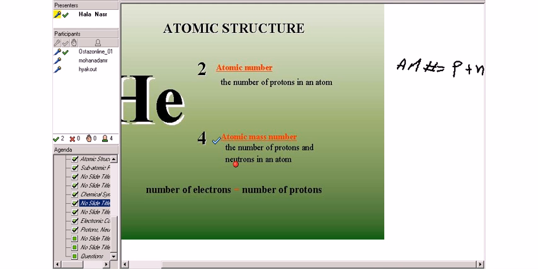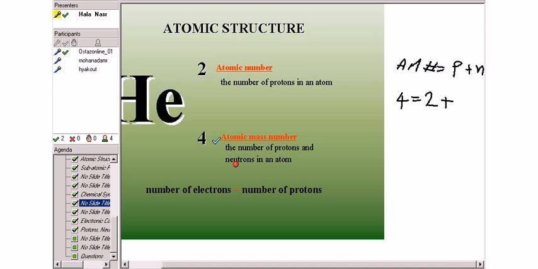So what's the atomic mass number in here from the figure you see? Who can help me out? Where is the atomic mass number? Yes, Mr. Hassan? 4. It's 4. Very good. Equals, where is the proton number? The proton number is the atomic number. So how many protons does this element have? 2.